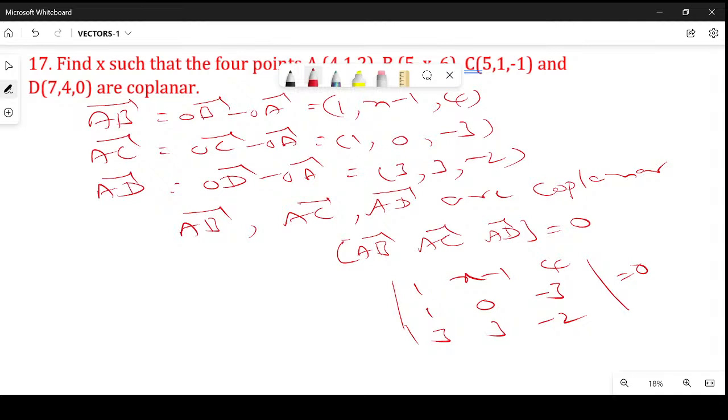So box AB bar, AC bar, AD bar equal to 0. We should find the x value now. We can simplify this.